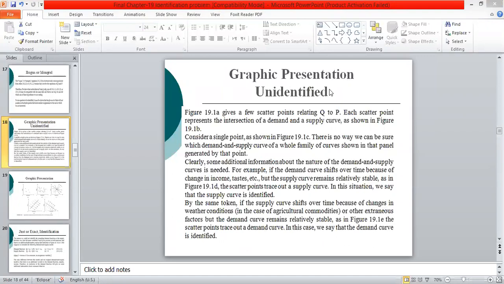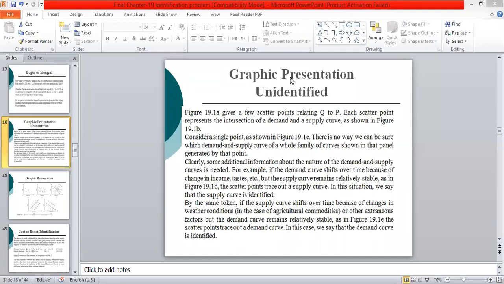That additional information helps us in identifying the demand equations and in identifying the supply equations. And when you have additional information regarding income, that information helps you in identifying the supply equations.